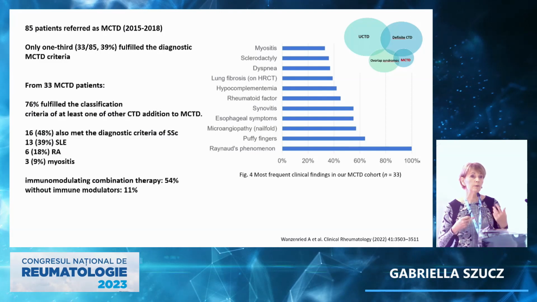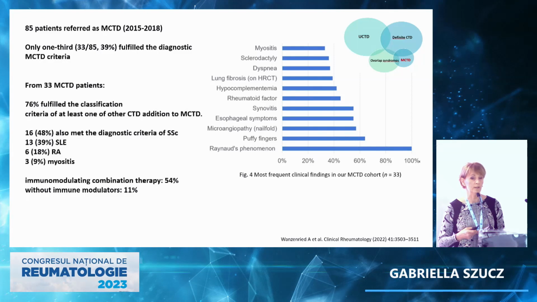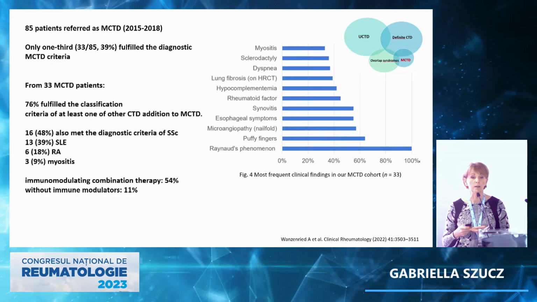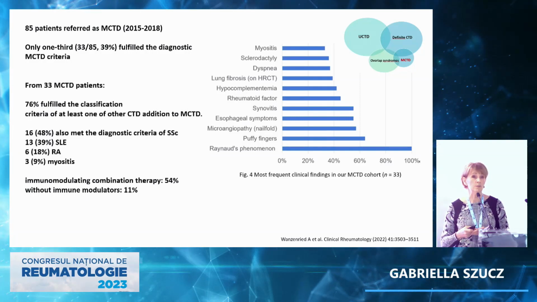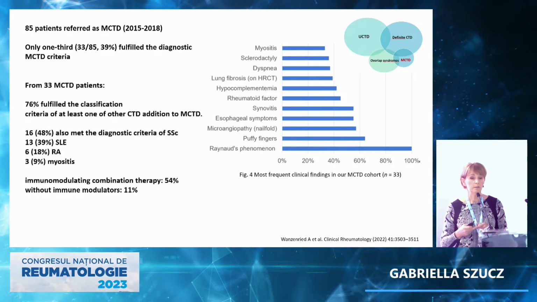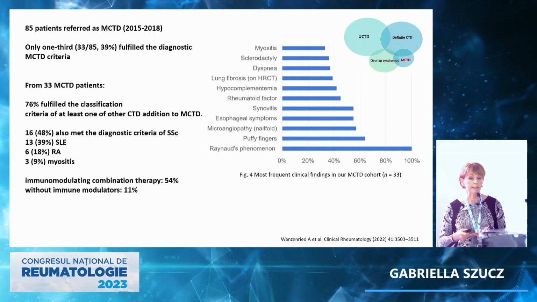And of 33 patients, 76% fulfilled the classification criteria of at least one other CTD in addition to MCTD: SLE, rheumatoid arthritis, and myositis.